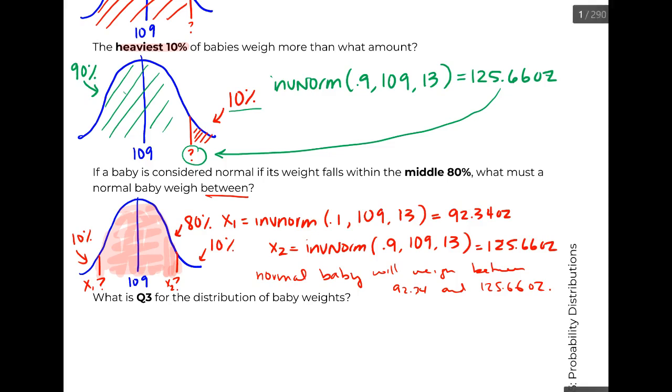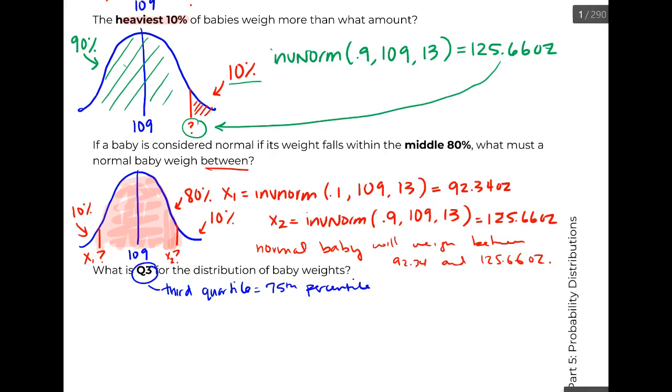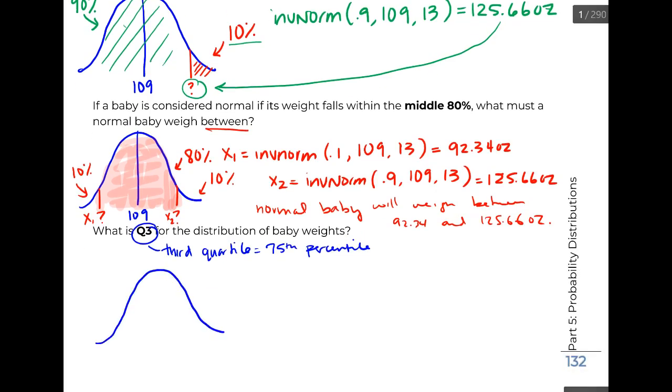The last one asks us for Q3, which is a way to say the third quartile, which is another way to say the 75th percentile. So this is just a fancy way for me to say percentile again, bringing us back to our knowledge of part 2. So still at 109, but now we want the 75th percentile.